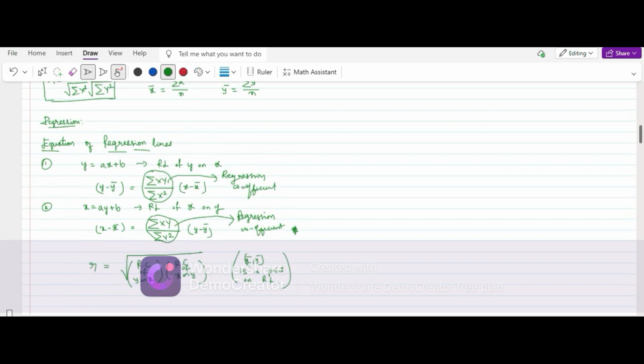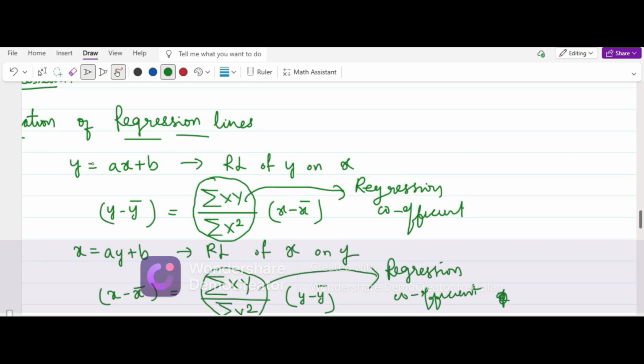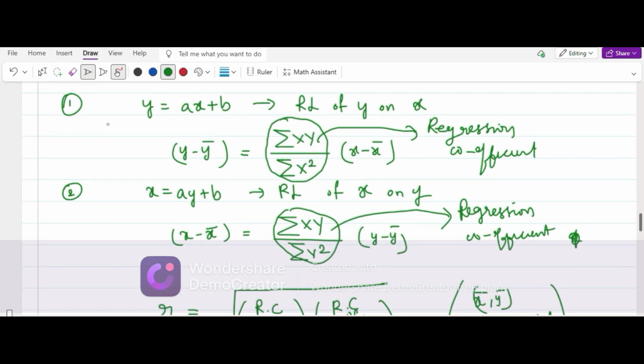And you can also calculate the regression coefficients in terms of the regression lines. How can I do that? First write one variable in terms of the other. Here x and y are the two variables. So y equals ax plus b, and in that you will have one regression coefficient.